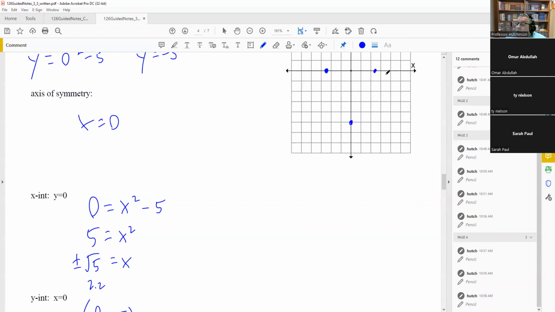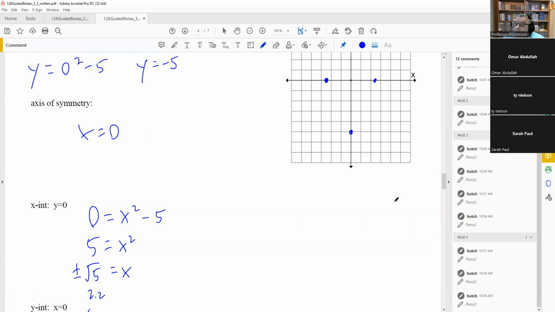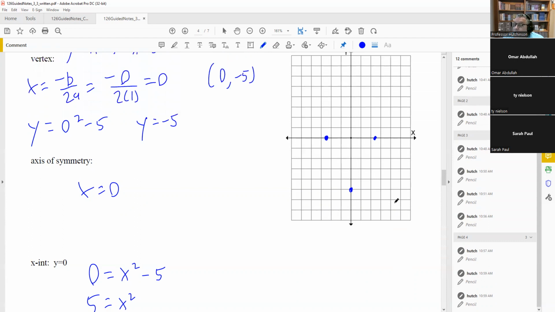So that's approximately where our graph is. Those are the only points that we have, which is enough. We can go ahead and graph that with just those points. The graphing tool in MyOpenMath would allow you to graph that with only those points as well.